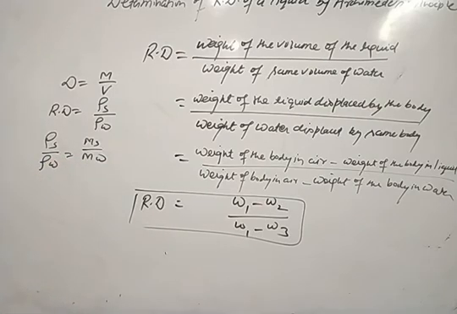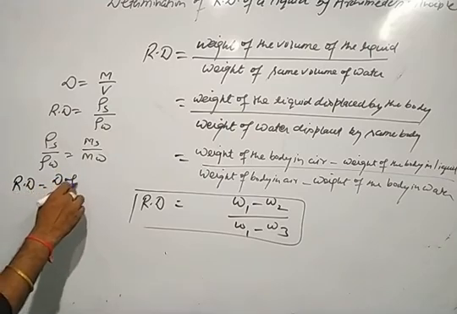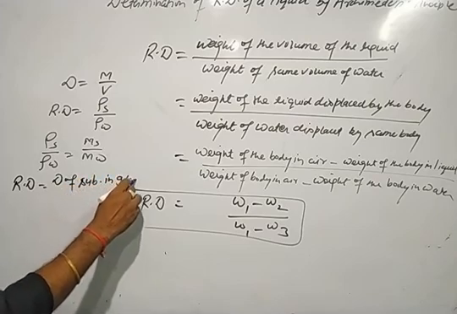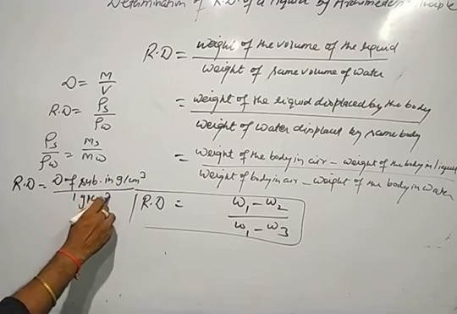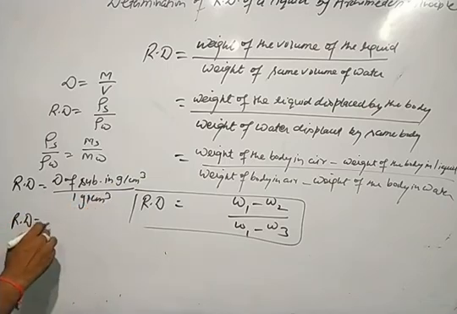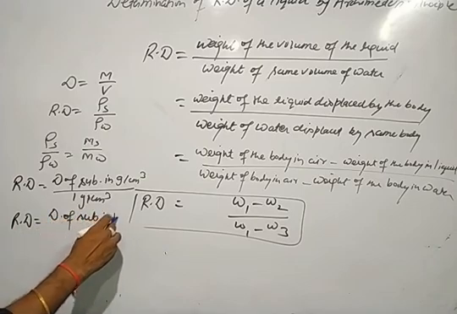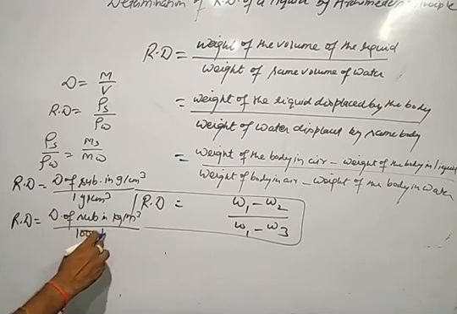And yes, I told you relative density is equal to density of substance in gram per centimeter cube upon 1 gram per centimeter cube. And yes, relative density is equal to density of substance in kilogram per meter cube upon 1000 kilogram per meter cube.